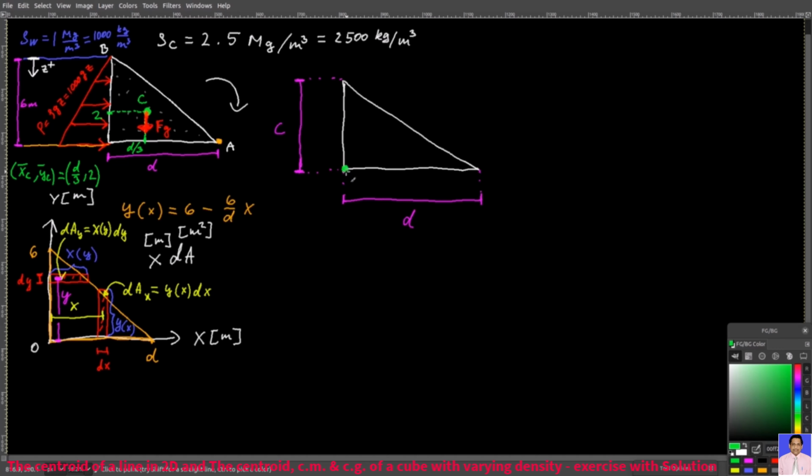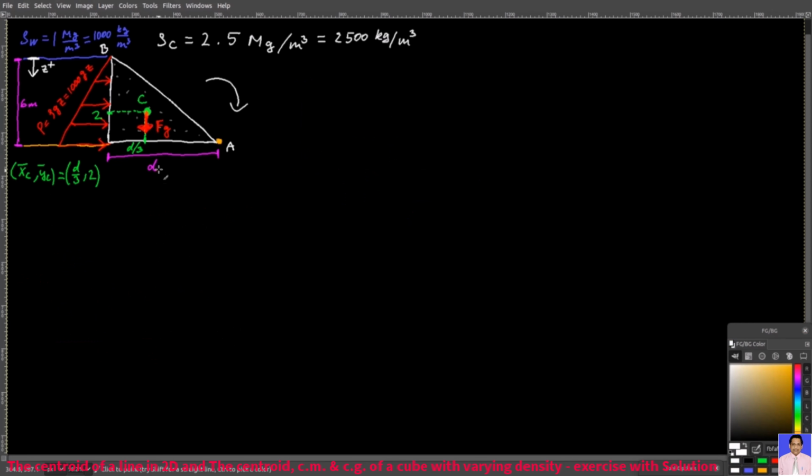From this corner here, you go d over 3 meters this way and c over 3 meters this way, and that's the centroid of a right triangle. We did it with 6 meters, but if instead of 6 meters you had used c, then you would have gotten c over 3. So that's how you get the centroid of a right triangle.